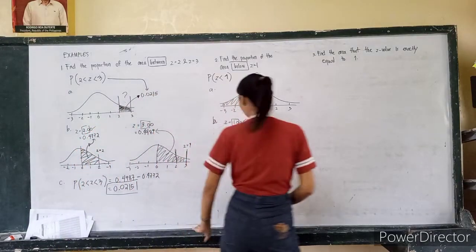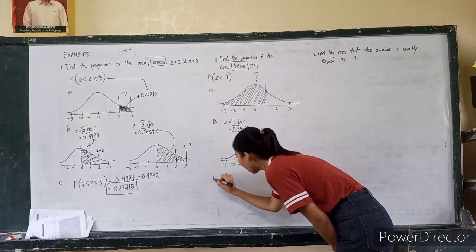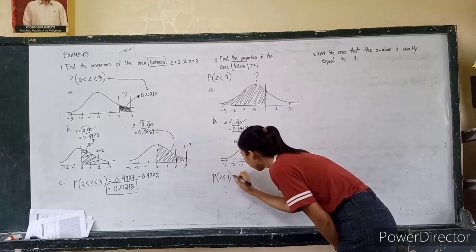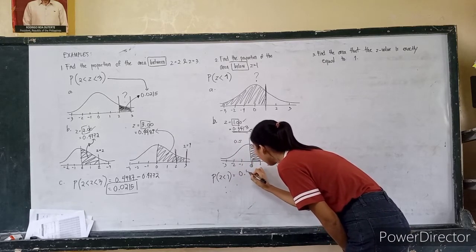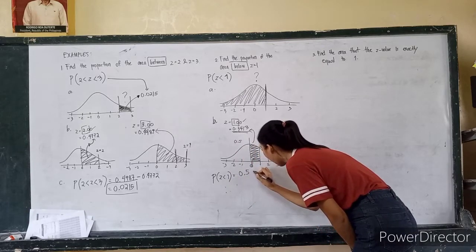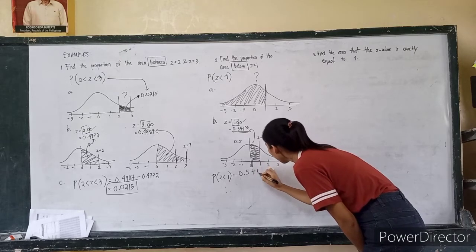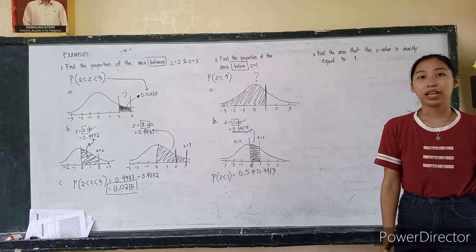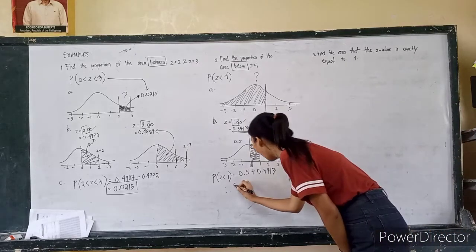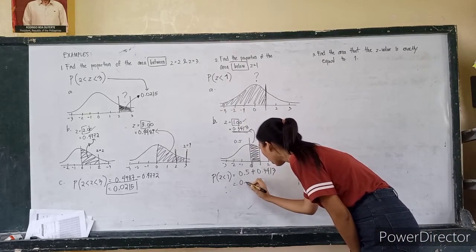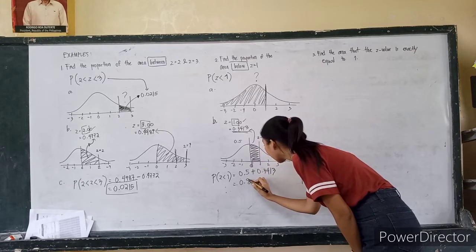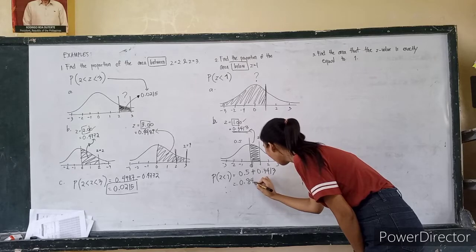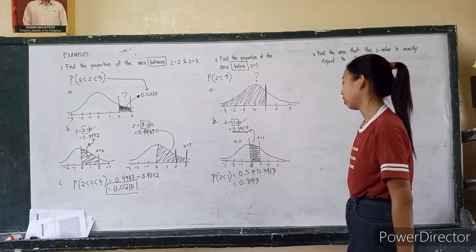So, you add. The probability that z is below 1 is equal to 0.5 plus 0.3413. If you add the two of them, that is going to be 0.8413. Okay?